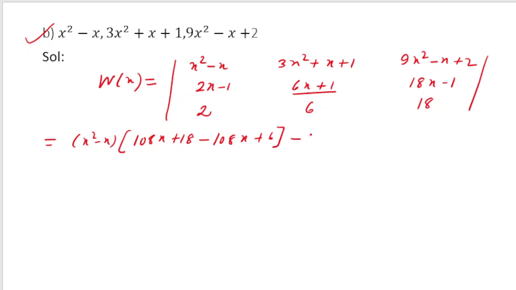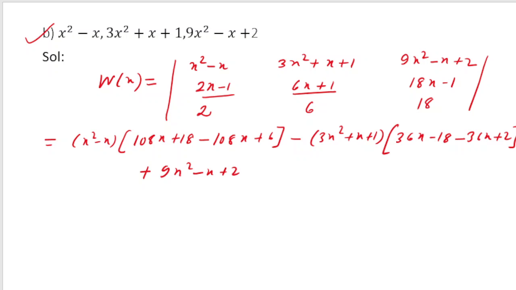Then we have minus 3x squared plus x plus 1, and I have to multiply this into this, so 18 into 2, that is 36x minus 18, and minus 18x into 2, so that is equal to 36x, and minus and minus will become plus, so plus 2. And then we have plus 9x squared minus x plus 2, right?